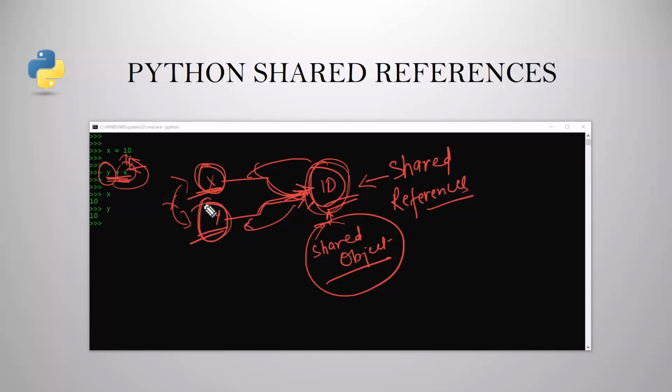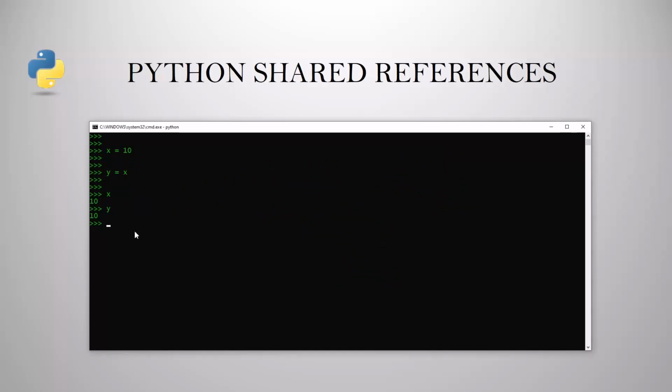So now suppose we assign a new value to our variable x. For instance, let's assign x is equal to Python. If we print x, it will be Python.